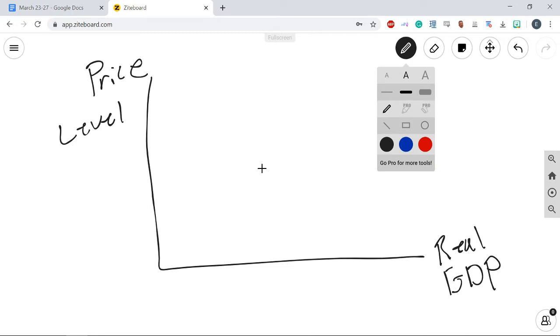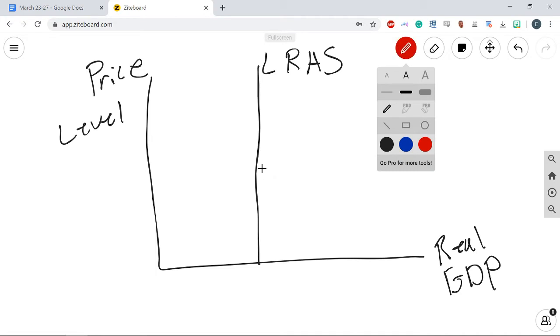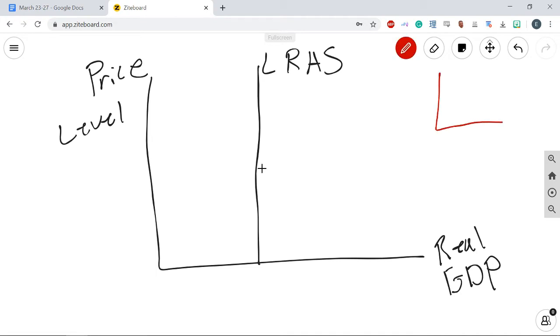And if you remember from question 2, the long run aggregate supply is very similar to that production possibilities curve, where this line YF represents our potential, our maximum potential.